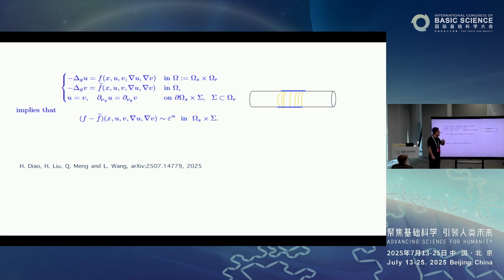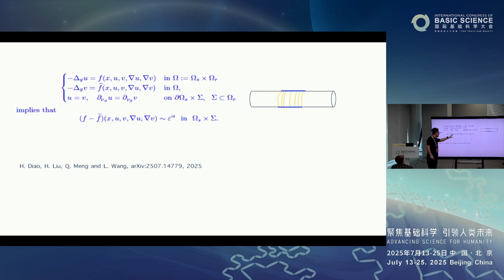In that case, if we got a transparent boundary condition locally on this surface of this cylinder, we can immediately derive that f minus f tilde, the difference of this lower order term, is related to epsilon to the alpha. Again, this epsilon is the geometric parameter, the mean curvature, and this alpha is the regularity parameter.